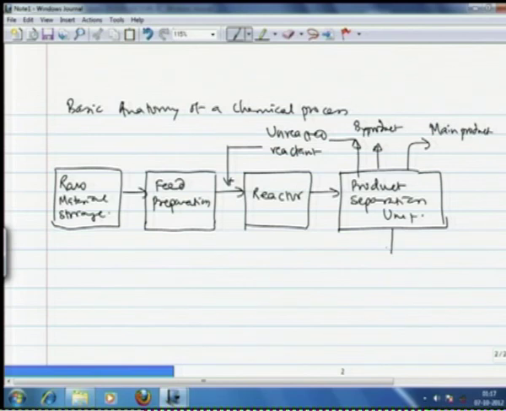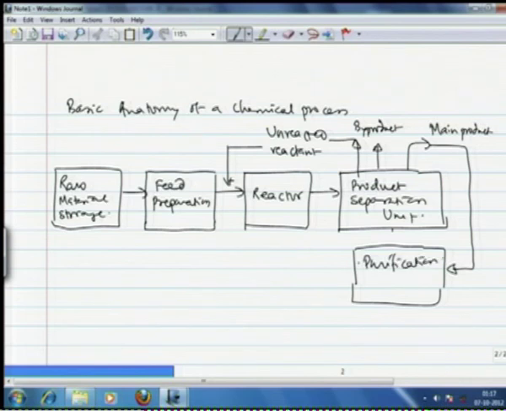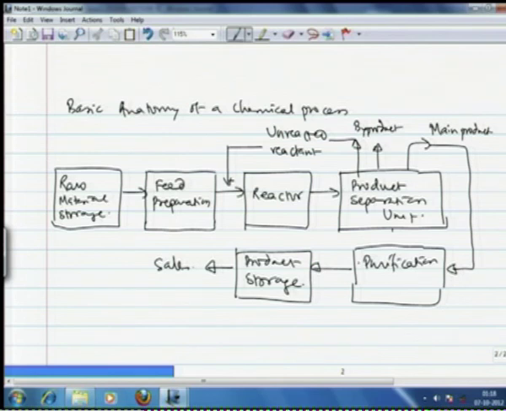And then the main product further goes to purification unit, and after purification it goes to the storage, and finally it is sent to the market. Okay. So, this is a basic anatomy of any chemical engineering process, a very general design.